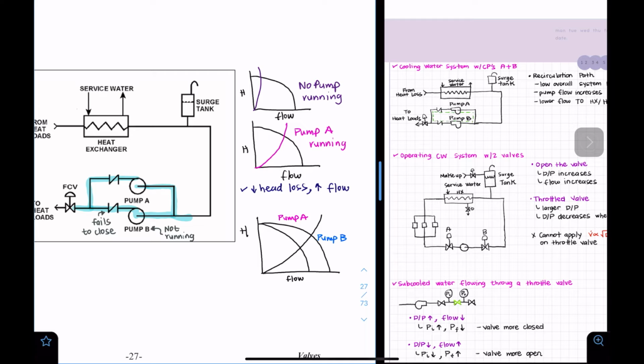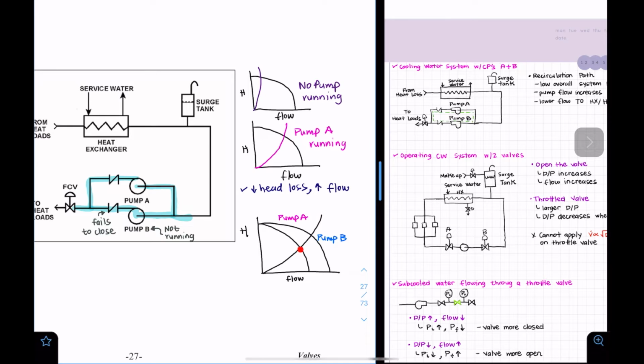If we take a look at the pump operating curve, this is in parallel, right? I have this one here, this will be my pump A, this will be my pump B. If I have both of them running, I will have a higher head and higher flow than if I only had my pump A running.